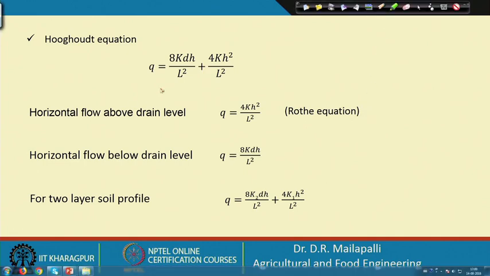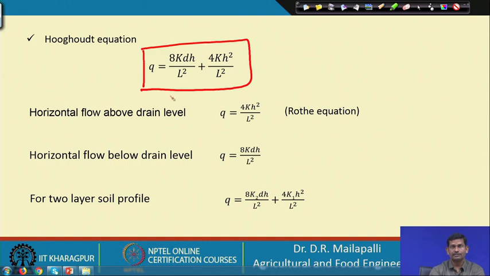So, in the Hooghoudt equation, as previously explained, you can turn this equation into Q equal to 8 K dH, if both layers have the same K. This is the equation for horizontal flow above the drain level, because it does not contain any D term, which is the depth below the drain base.